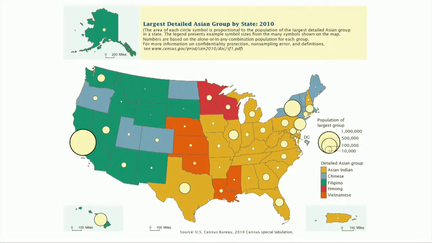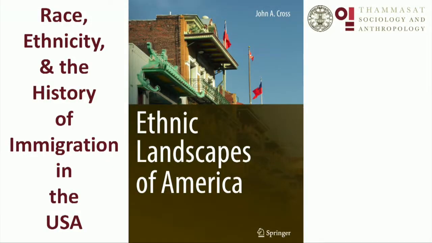In Minnesota, for example, there are many Hmong who were refugees from Laos and Vietnam, having fought alongside the Americans. Many left there. There are parts of the states where the largest Asian minority are Vietnamese.